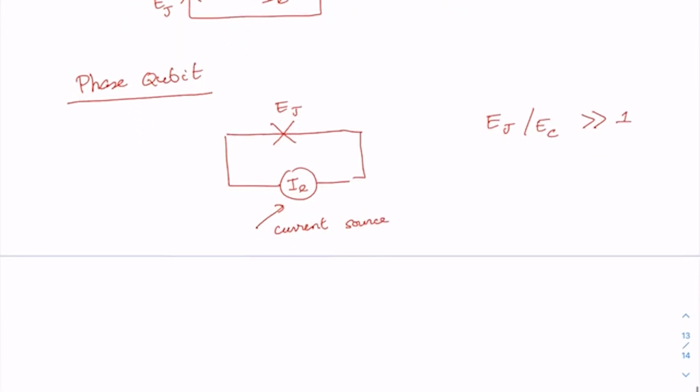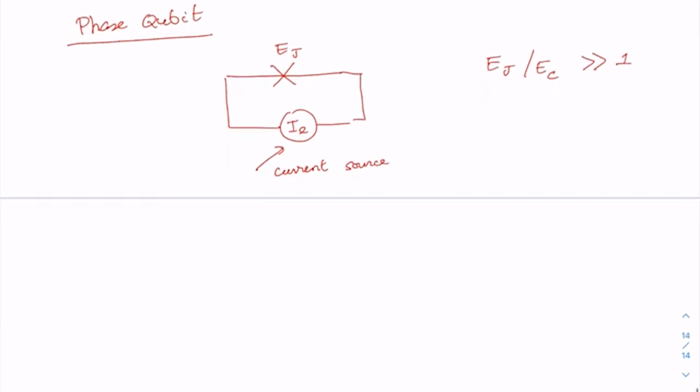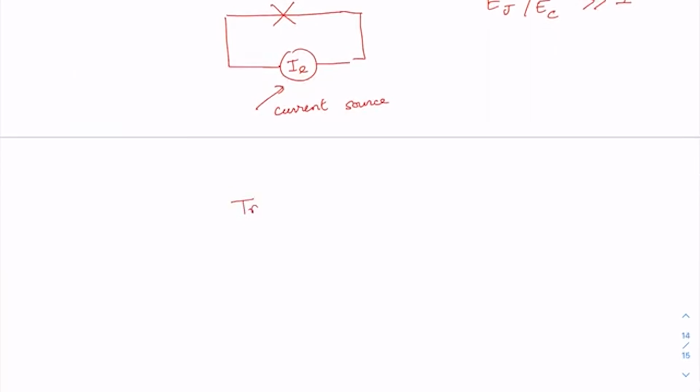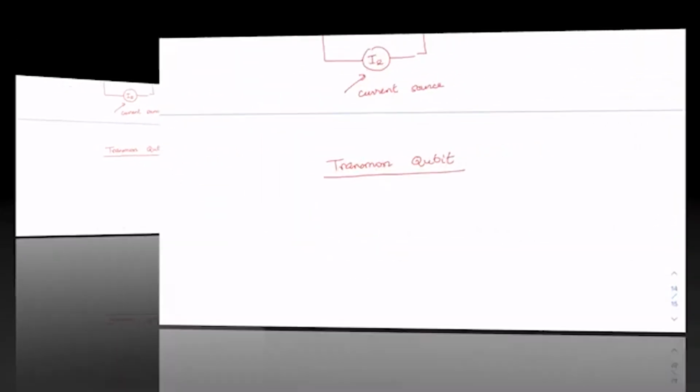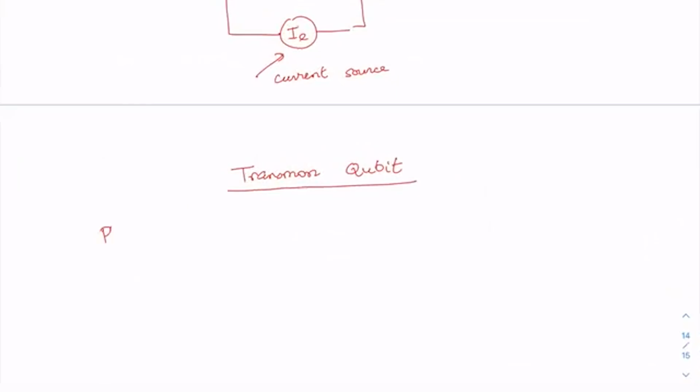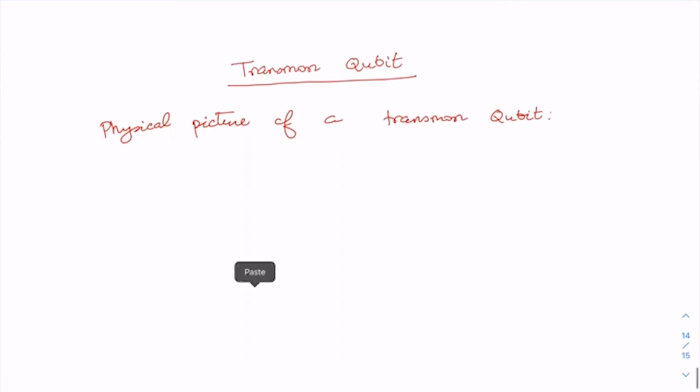Now, one particularly important qubit is the so-called Transmon qubit, which is heavily used in circuit quantum electrodynamics, and this is what we are going to discuss in some detail now. We can represent the physical picture of a transmon qubit by this diagram.